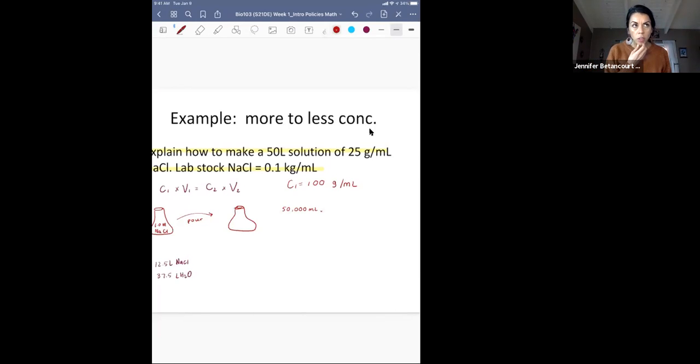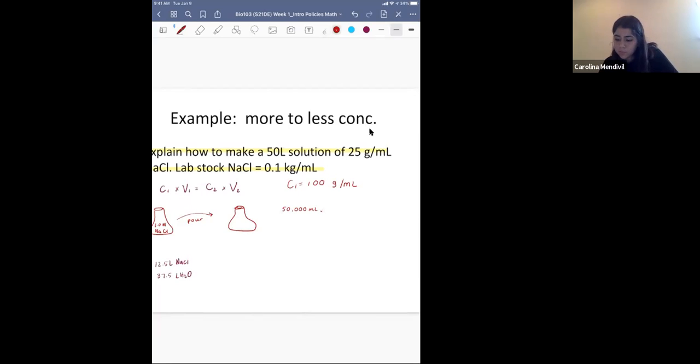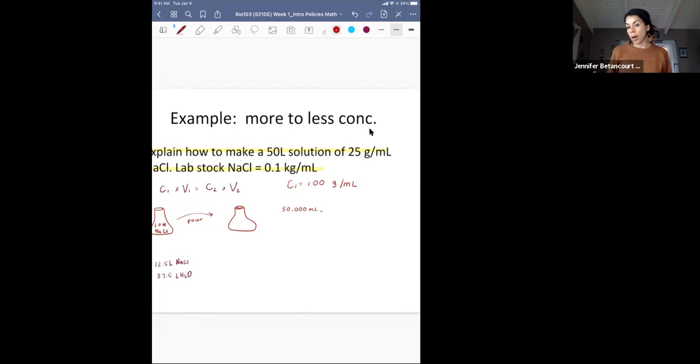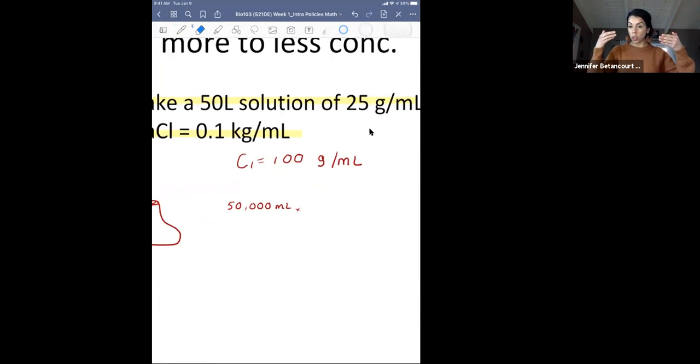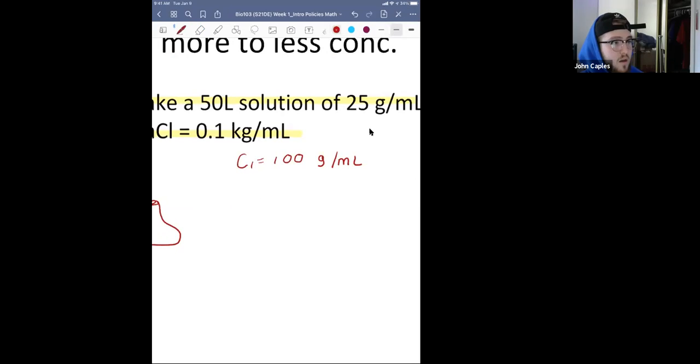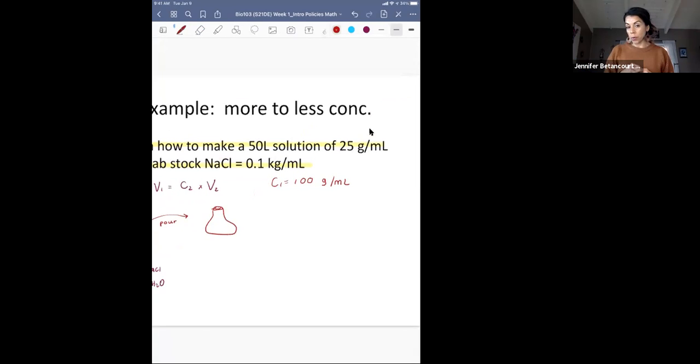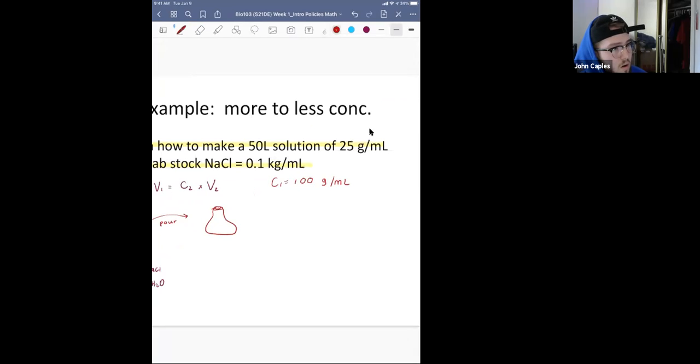Carolina wrote C1 equals 100 grams per mil, because the concentration she wants to make was in grams per mil, not kilograms per mil. So the concentration she has and the concentration she wants now have units that match one another. Yeah, that's what I was saying. But you don't have to do that for the volume. Like for the 50 liters? Correct. You can just leave it as 50 liters.